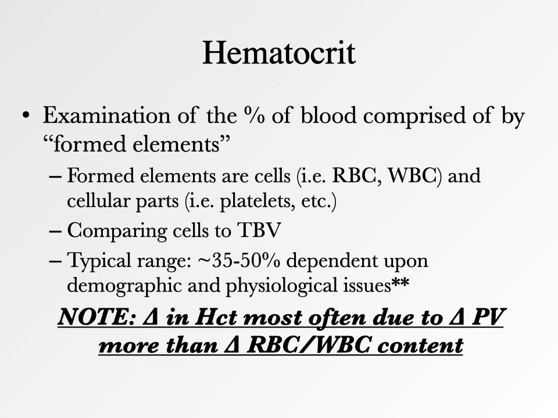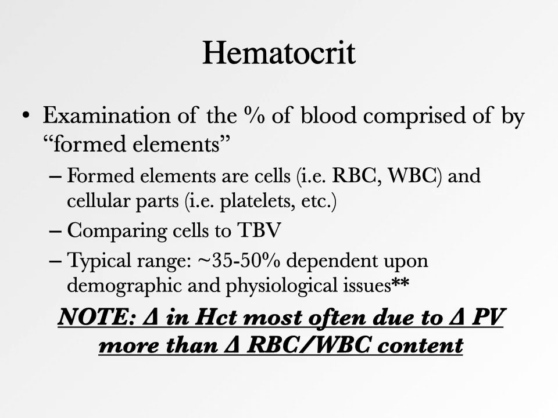Most changes that we see in hematocrit are not due to cellular changes, as most books talk about, but are actually due to changes in plasma volume. Plasma volume will change drastically based off of environmental conditions as we have a shift in fluids so that we can keep the body within normal homeostatic levels of body temperature.